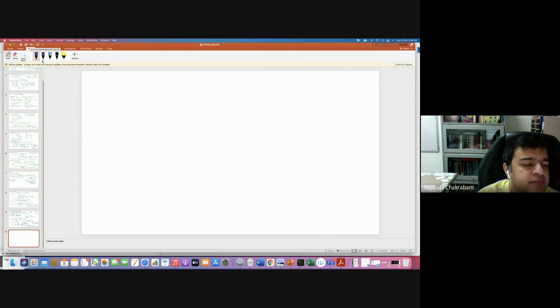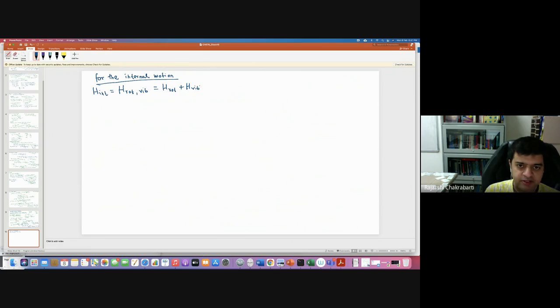So in general, I can write like this. For the internal motion, your H internal is actually this, and I assume that rotation and vibration, these two parts can be decoupled. We can just write it as a sum.